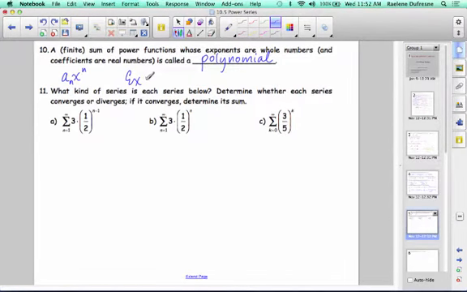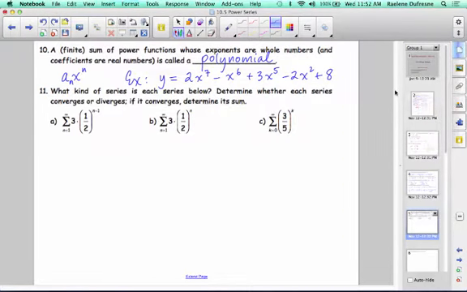So for example, we might have y equals 2x to the 7 minus x to the 6 plus 3x to the 5 minus 2x squared plus 8. That would be a polynomial.